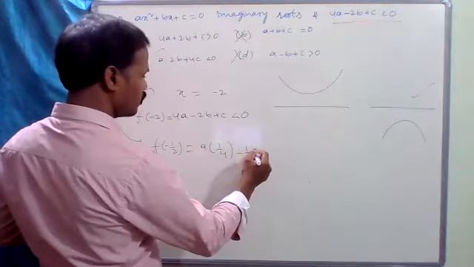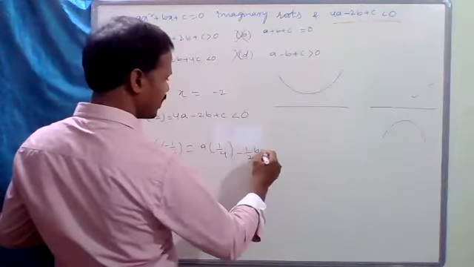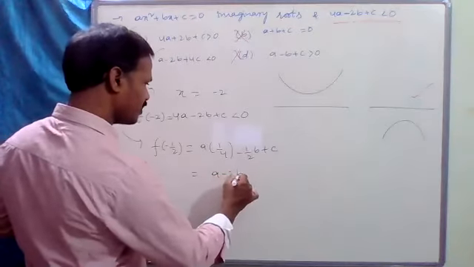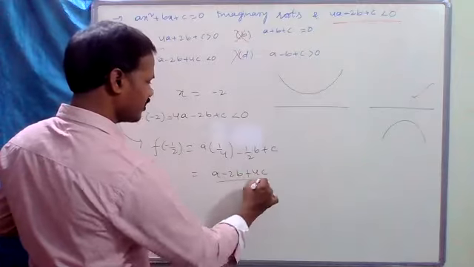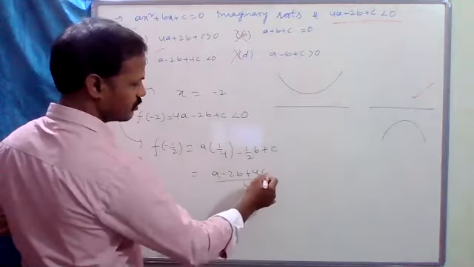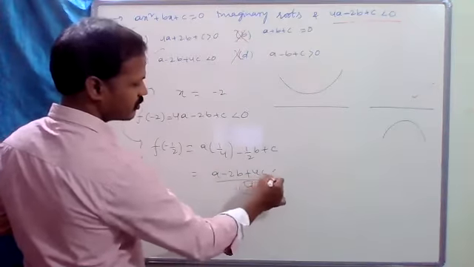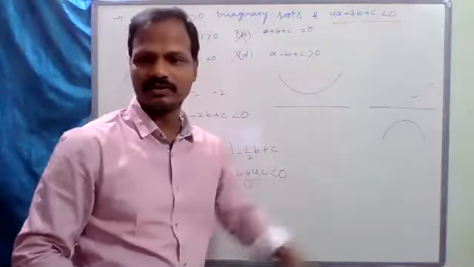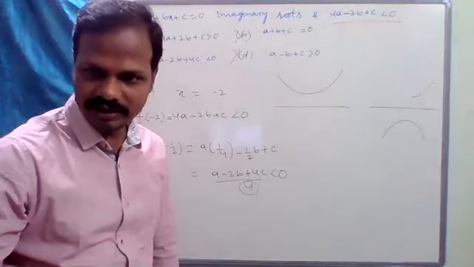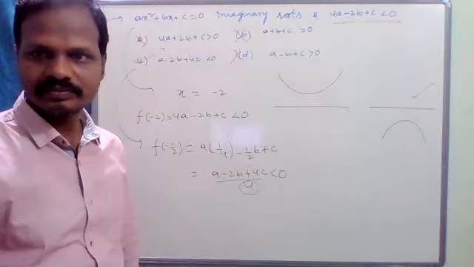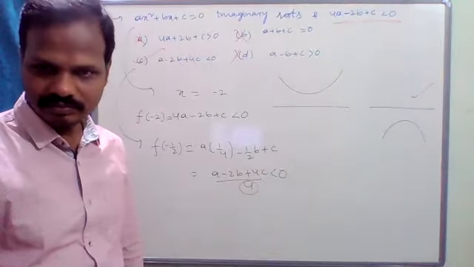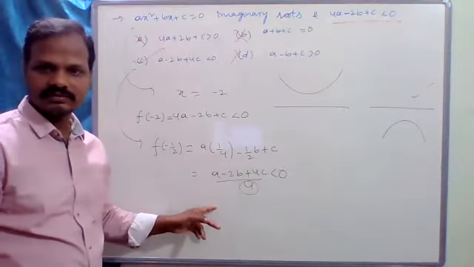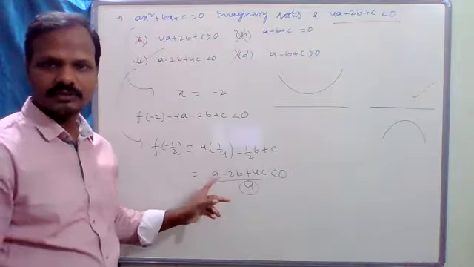Minus 1 by 2 b, plus c, which equals a minus 2b plus 4c by 4. This is positive, so this must be negative because the graph is negative. Is it clear to everybody? Is it clear how we approach the problem?